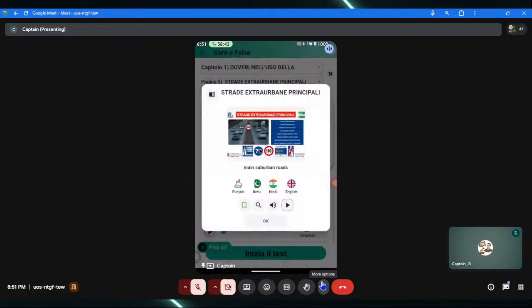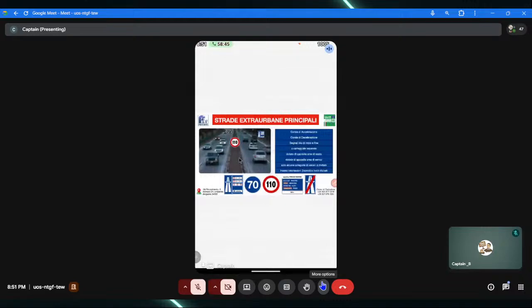Main extra-urban road. Look at it here. If you want to enter this road, this extraurbana principale, you will see the sign like this, with a blue background, and then the speed limit will be there, 110.